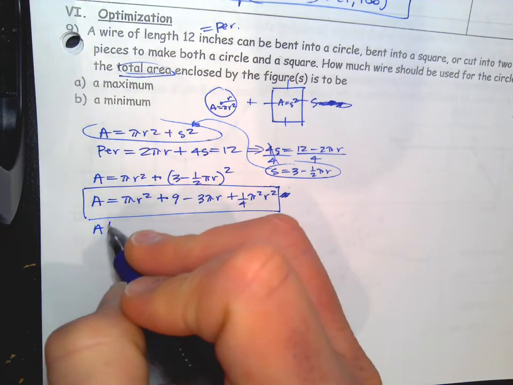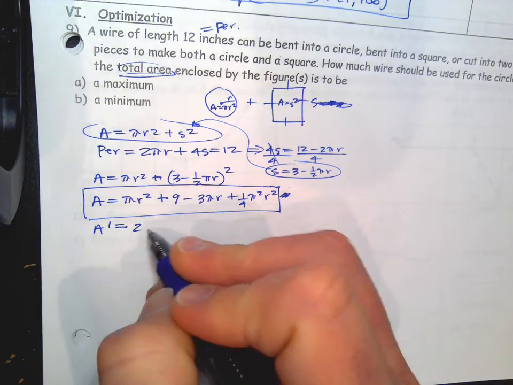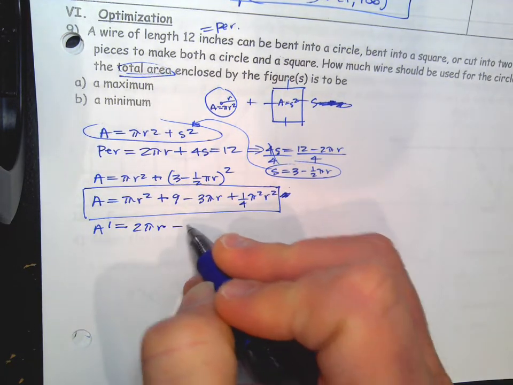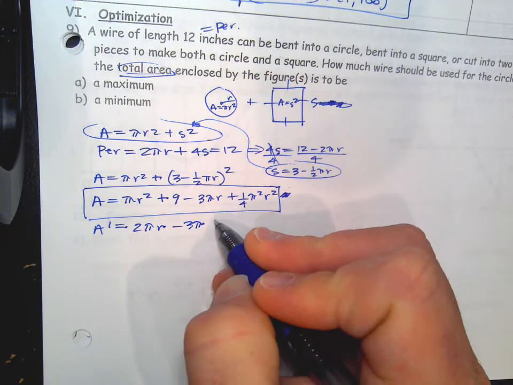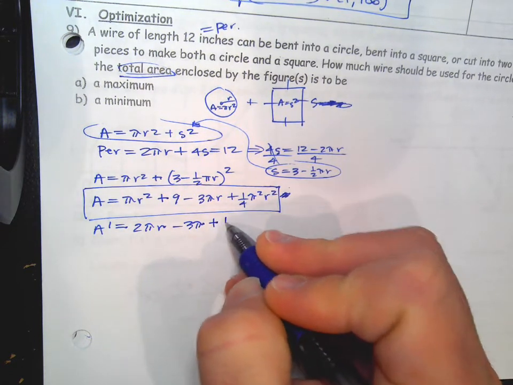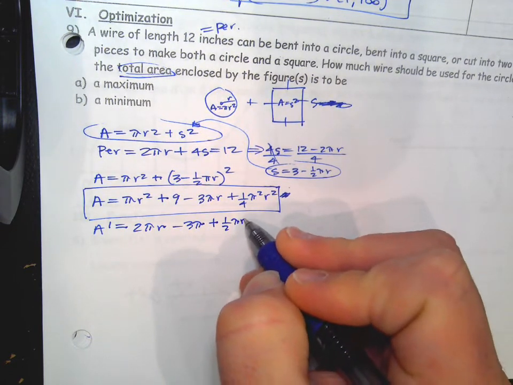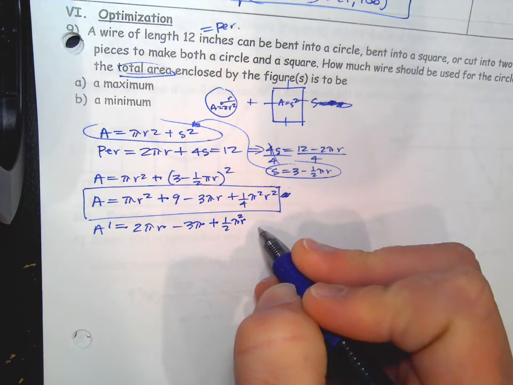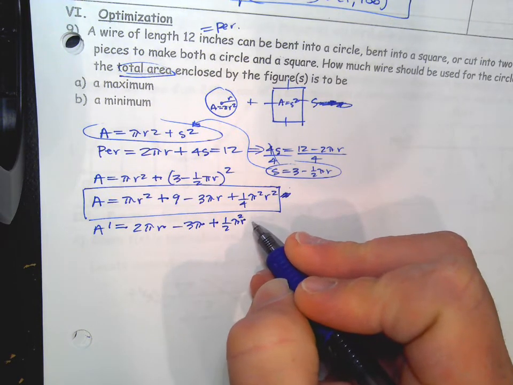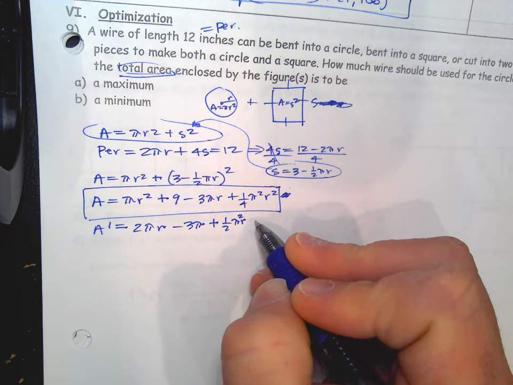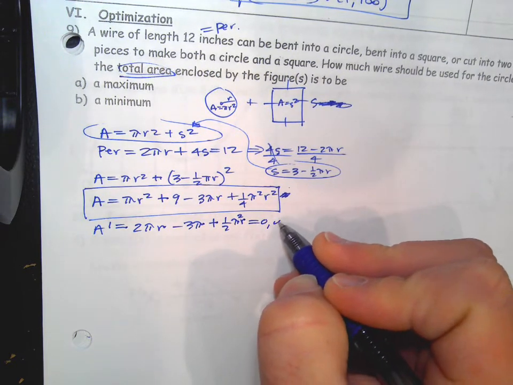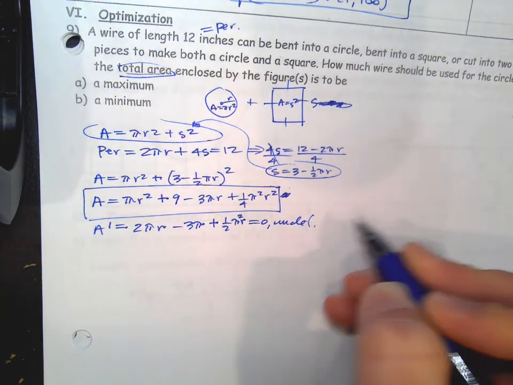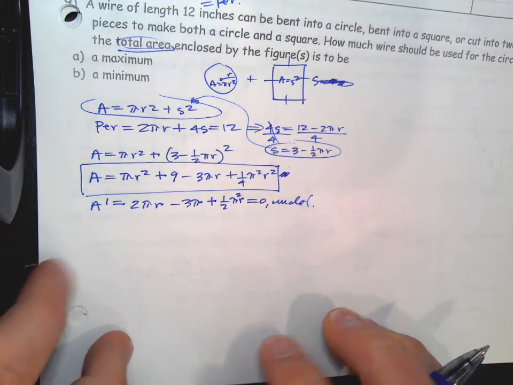So now we need to find critical points, take a derivative: 2 pi r minus 3 pi plus 1/2 pi squared r. And I'm going to set it equal to 0 or undefined, and solve for r.